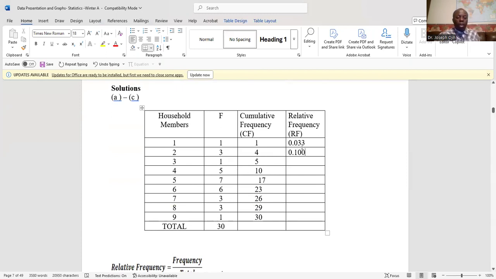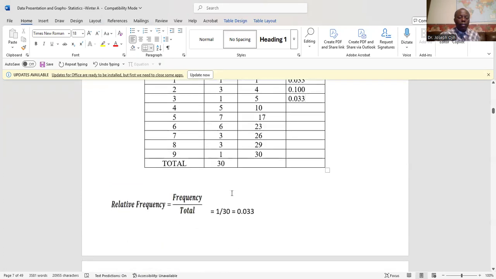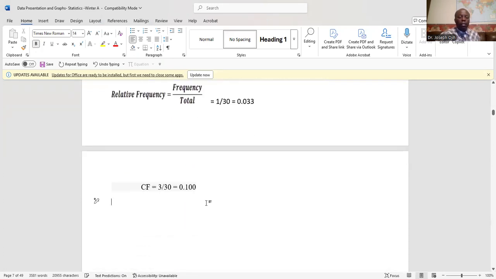Next one is 1. We have it already here, so we're going to write 0.033. The next is 5. So we continue like that.